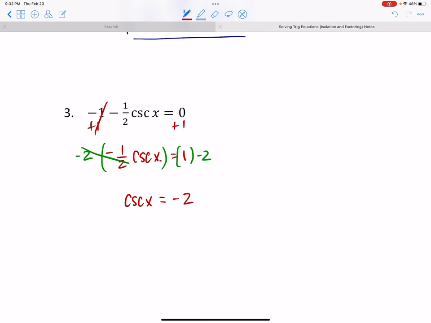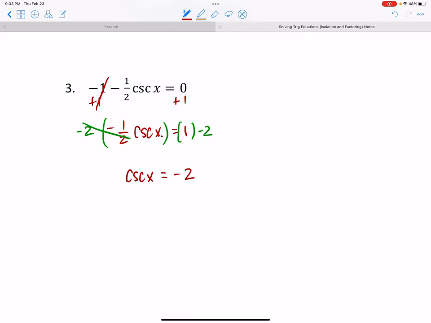Now, again, this should feel familiar, but I'm trying to do two things at once here. I'm trying to find an angle where the cosecant of my angle is equal to negative 2. So I'm looking for an angle and a reciprocal at the same time. Sometimes that's hard to do. So maybe instead of asking where the cosecant of my angle is equal to negative 2, I know that cosecant is the reciprocal of sine.